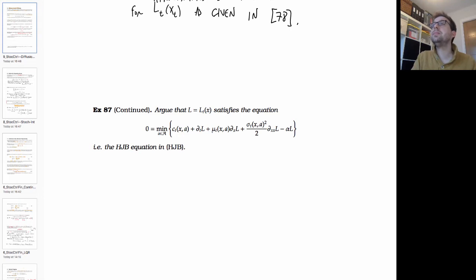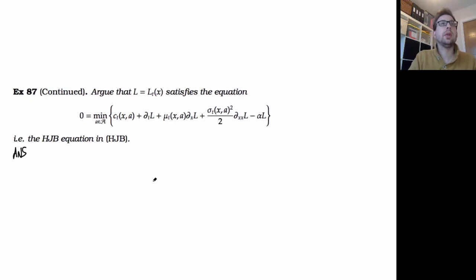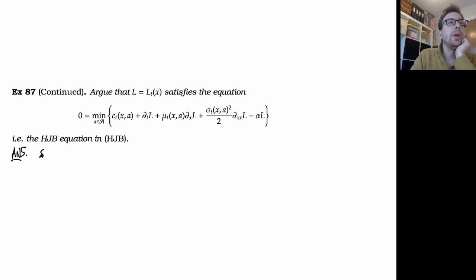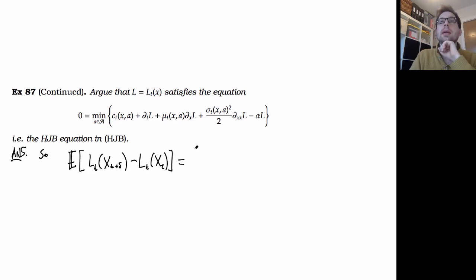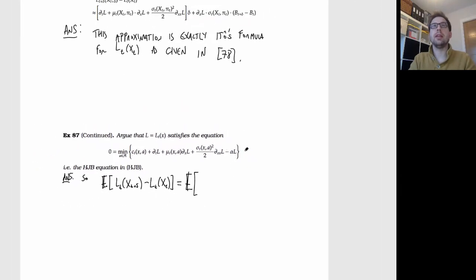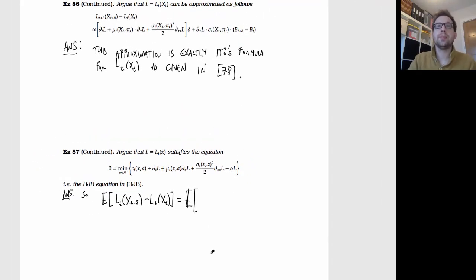Answer. The expectation of L of t of x of t plus delta minus L of t of x of t is equal to the expected value of the term that I wrote up above. I'll zoom out a little bit so we can grab it here.